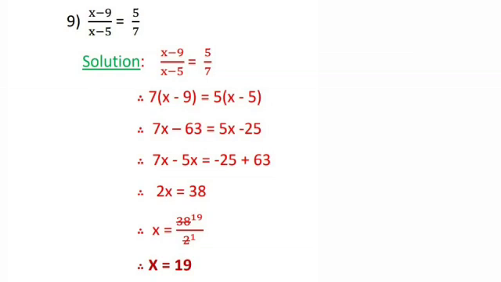So 63 minus 25 is 38. Sign of a bigger number is plus. So you will get 2x is equal to 38. Now this 2 will go to your right hand side getting converted into division. Therefore x is equal to 38 upon 2. After cancellation you will get the value of x as 19. Therefore x is equal to 19.